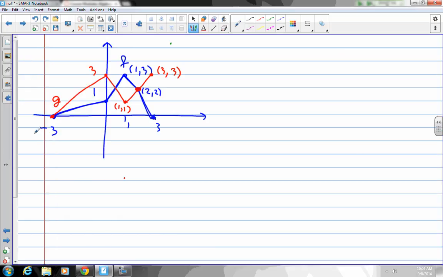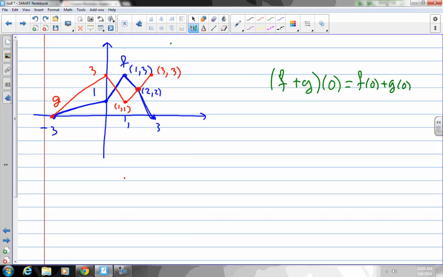Now I can ask you this question. Can you tell me what is f plus g of 0? Just by looking at this graph, can you evaluate the sum function when x equals 0? What I'm asking you to do is literally to take f of 0 plus g of 0.